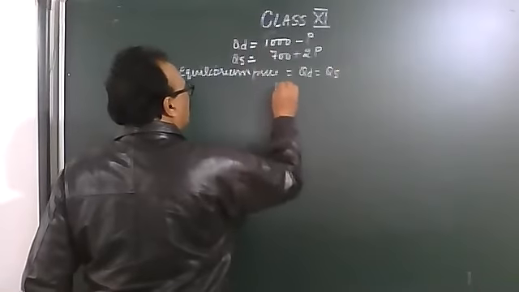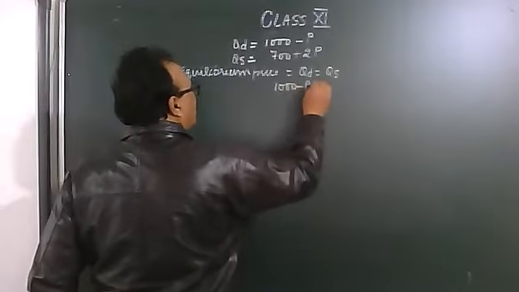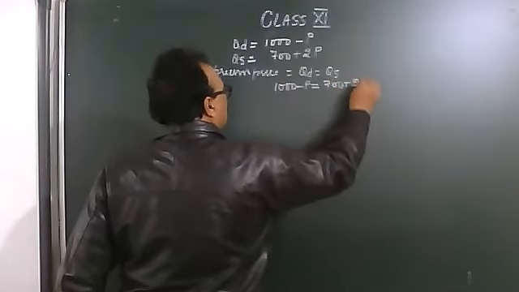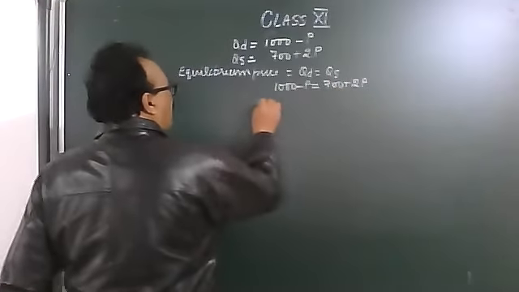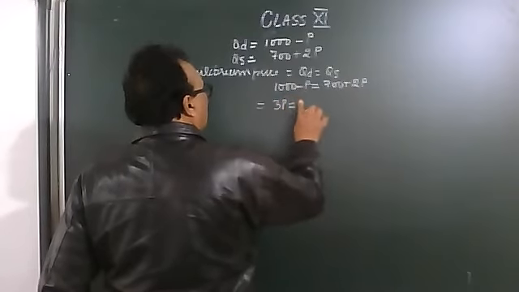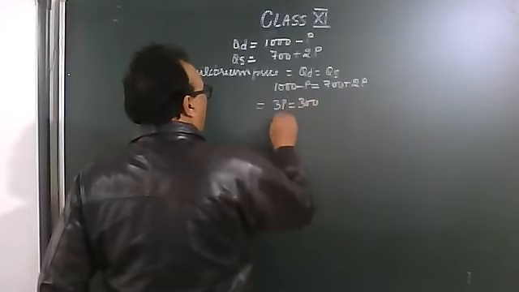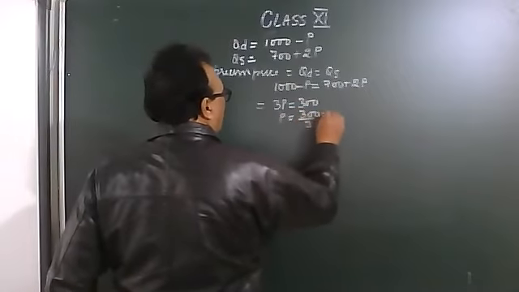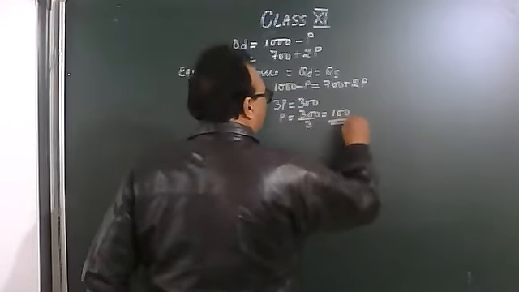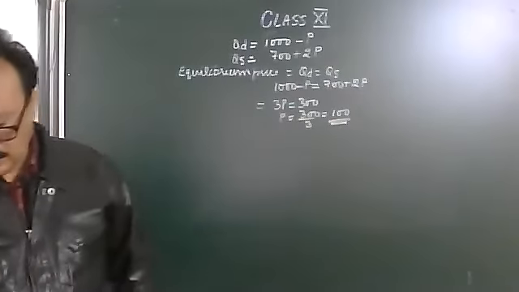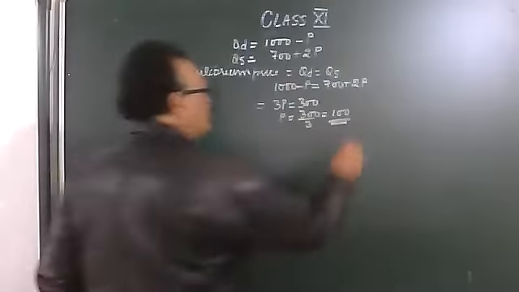Substitute the values. 1000 minus P is equal to 700 plus 2P, so 3P is equal to 300. P is equal to 300 upon 3, that is equal to 100. Correct? 100 is the price.